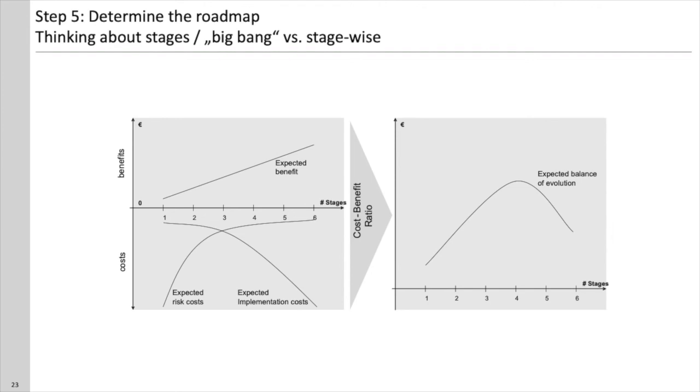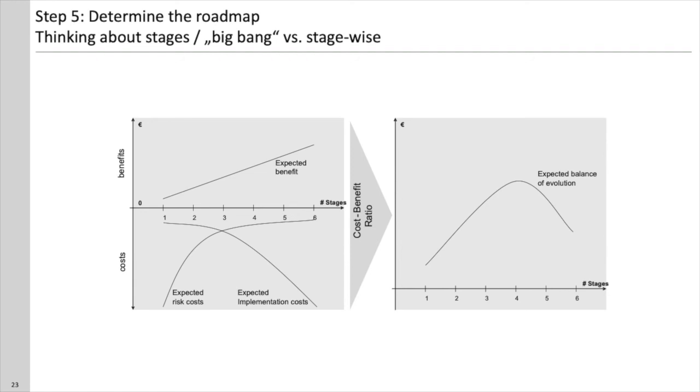And if everything is taken into operation in only one step, the benefits come quite late, in contrast to more steps where step-by-step benefit is added. Okay. Having more steps leads to a decrease in expected risk cost, but obviously an increase in expected implementation cost and an increase in benefit.